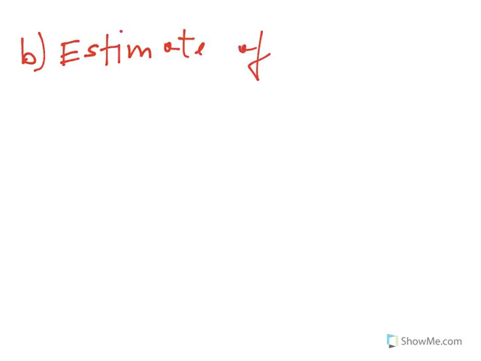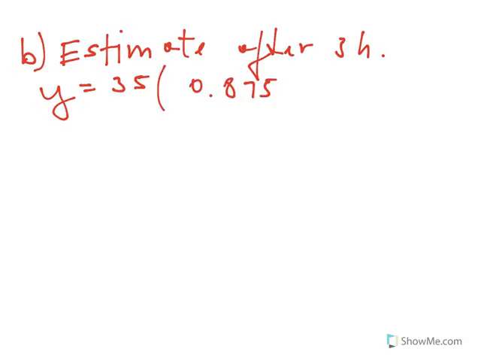after 3 hours? Now, we have the good formula here that we just discovered. So it's y equals 35 times 0.875 to the power of t, and t represents the time. So in this case, what is going to happen after 3 hours? It looks like t is equal to 3. So instead of t, I'm going to substitute 3.